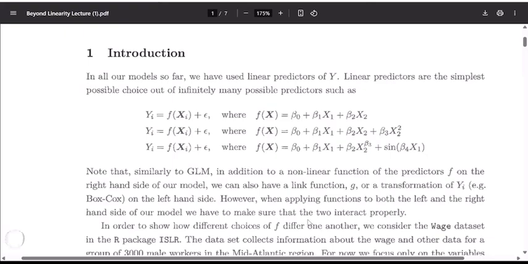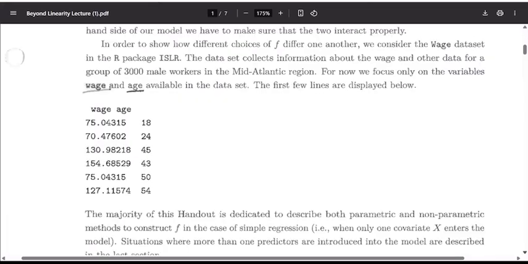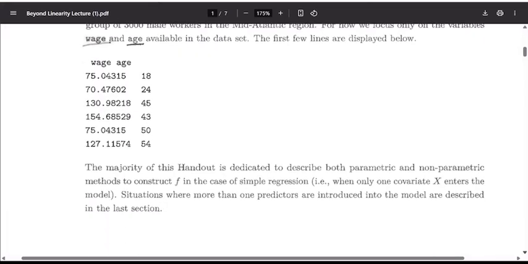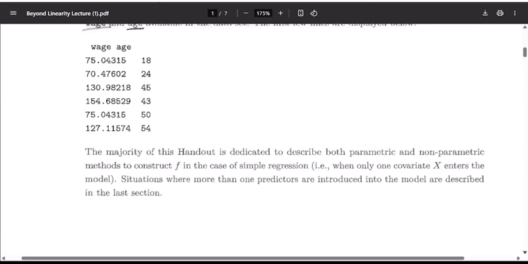I need you to pay attention. Like I said, I'm having a recap. We have a wage data. We actually want to identify the kind of model that we're going to use in capturing the trend, the relationship between wage and age.